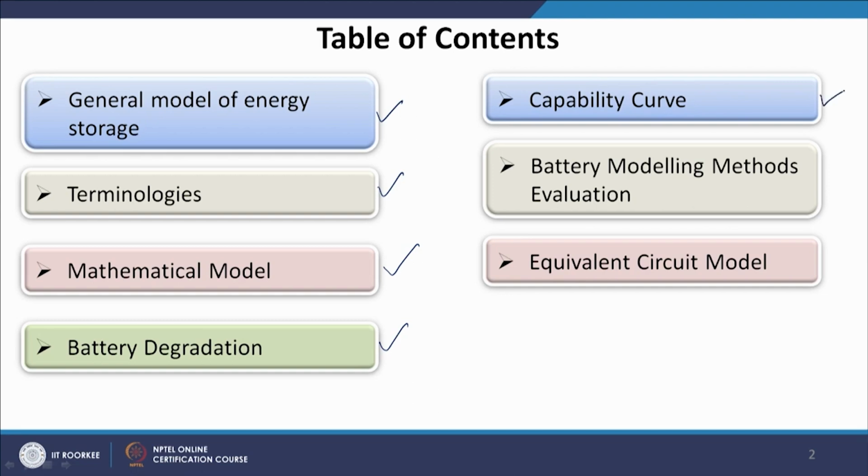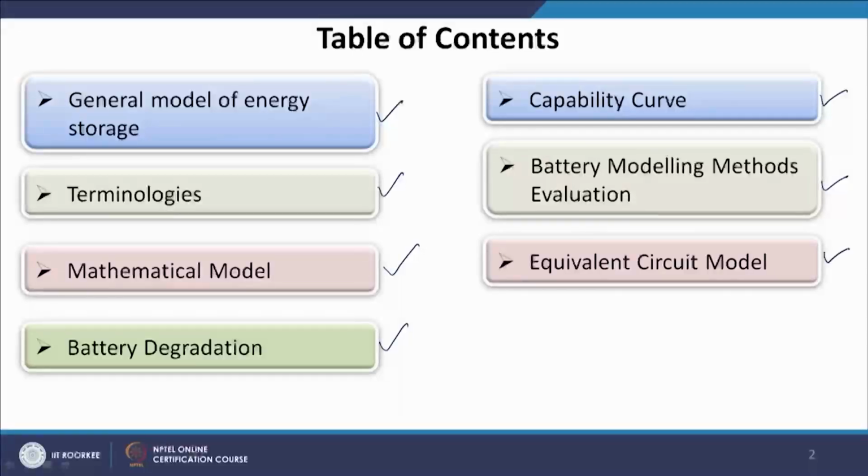Then we will also talk about the capability curve as per the real and reactive power available to us through energy storage, and battery modeling methods and their evaluations. Finally, we will talk about the equivalent circuit model of a storage device.